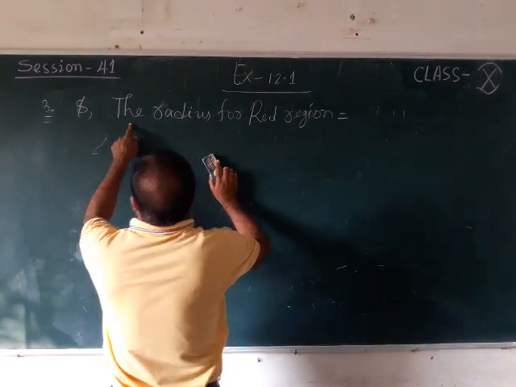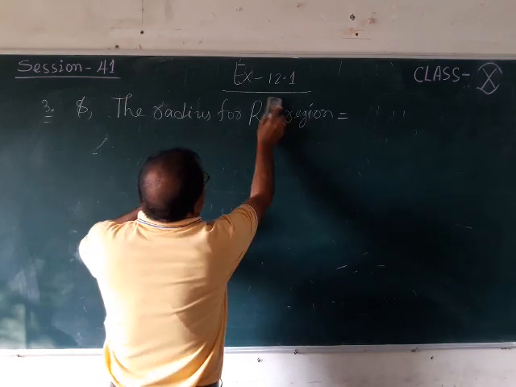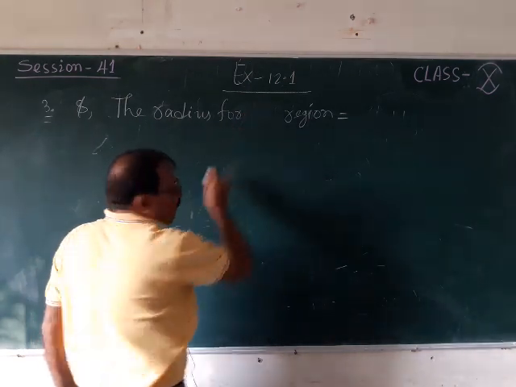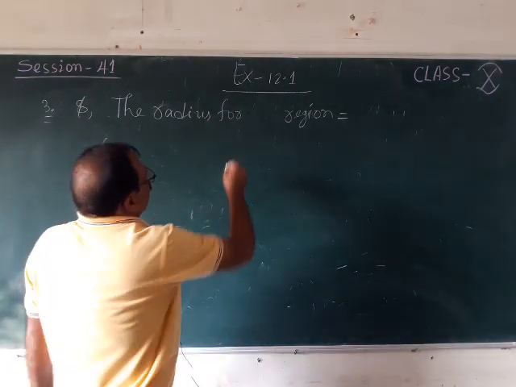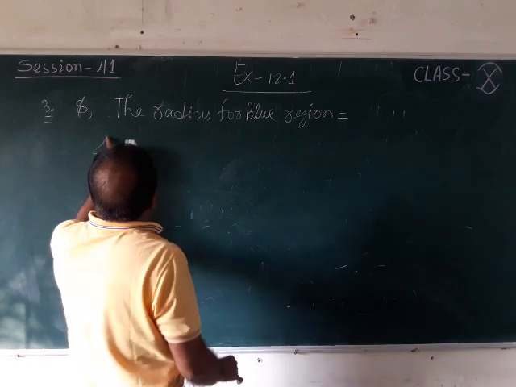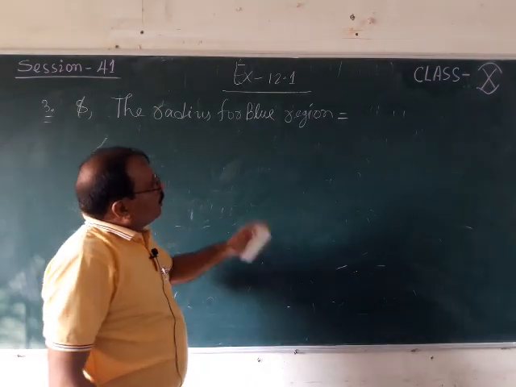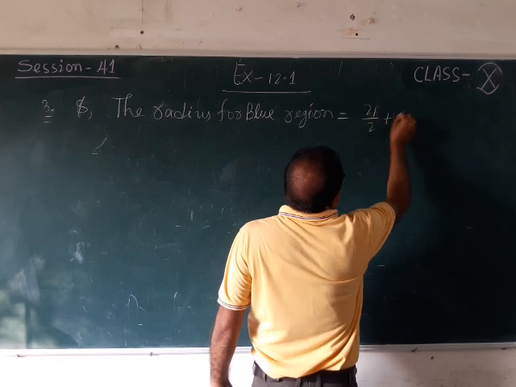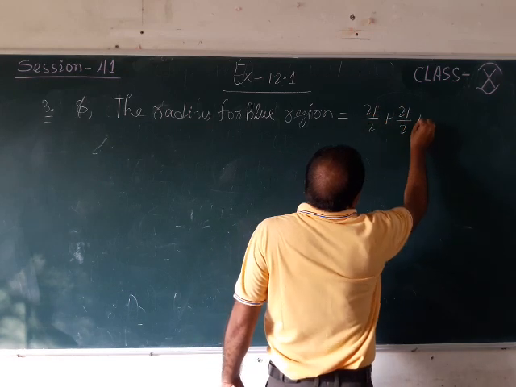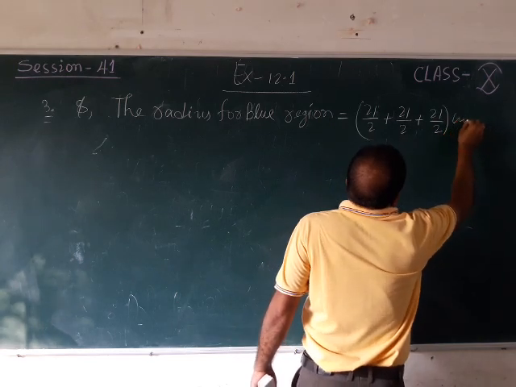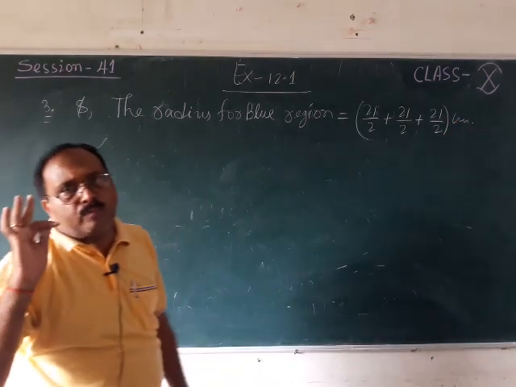Area and the radius for blue, instead of red I am going to write here, after red it is blue, blue region. So the radius for the blue region, you have seen that first radius was 21/2, then again 21 by 2, and then again 21 by 2 centimeter I need to add. Why 3 times 21 upon 2?